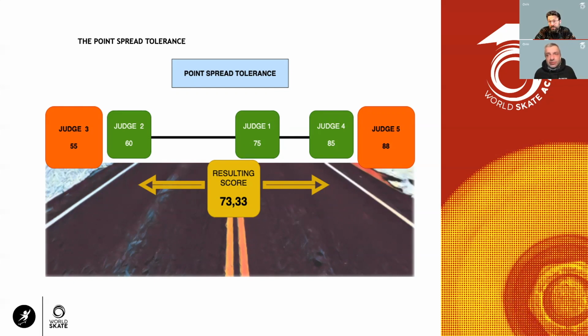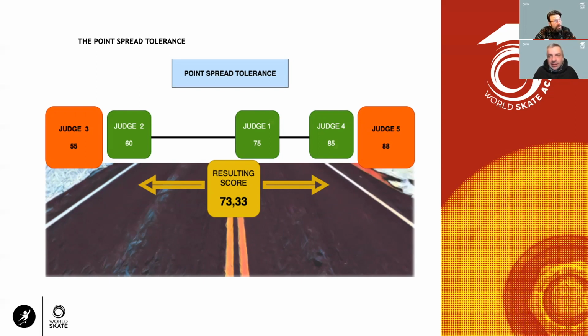I'll just say that such a difference between the highest and the lowest score, on a panel, on a sanctioned international event, only happens when maybe someone is really tired, or is not a professional judge, because you can't have such a difference.